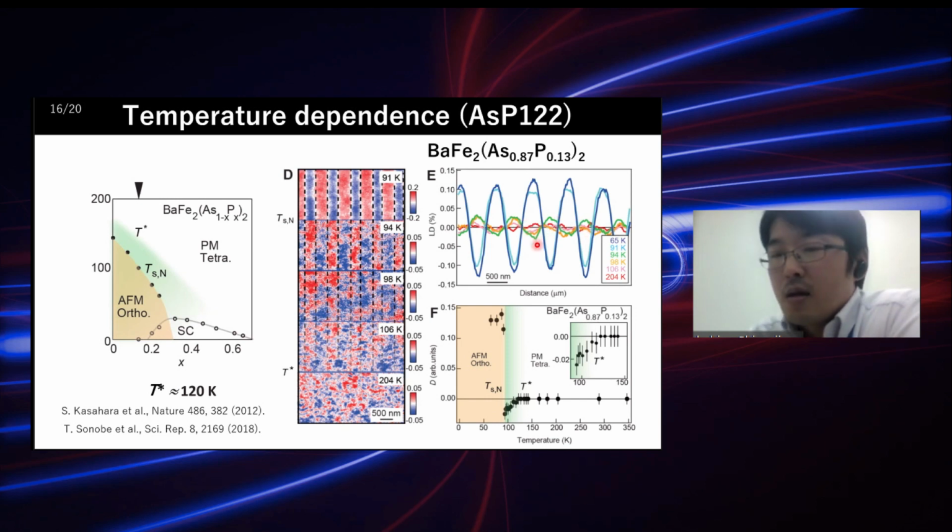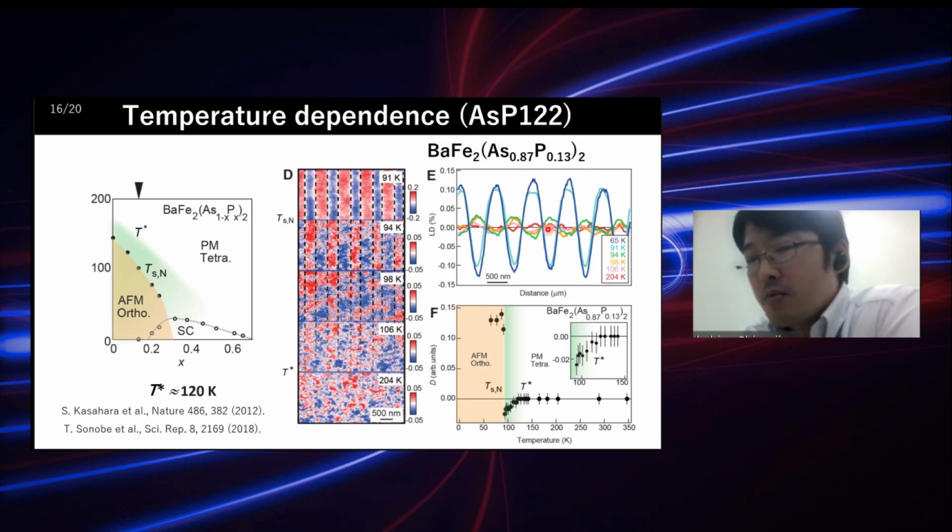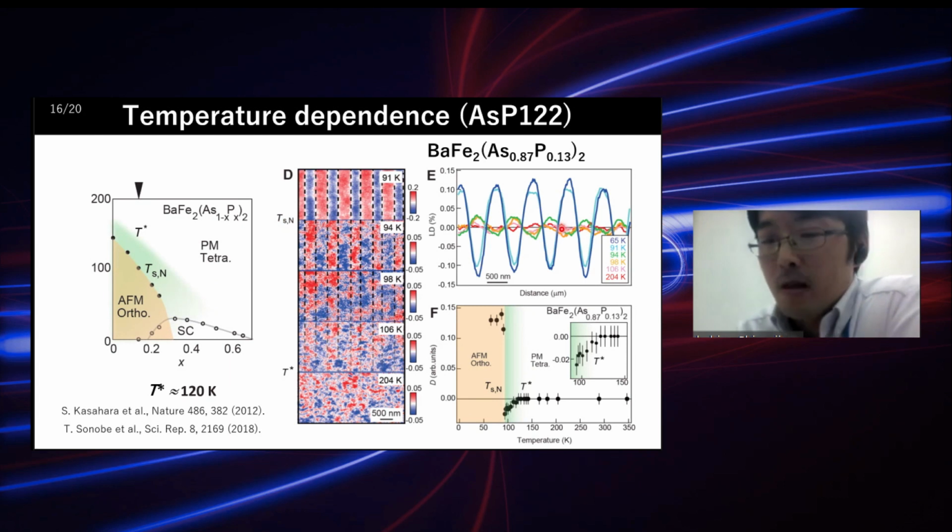And at high temperature, we further observe the suppression. And this panel F shows the parameter D, that is the amplitude of the nematic domain wall. And this panel shows that the stripes appear just below the T star, and it shows a sign change, and its amplitude rapidly increases.